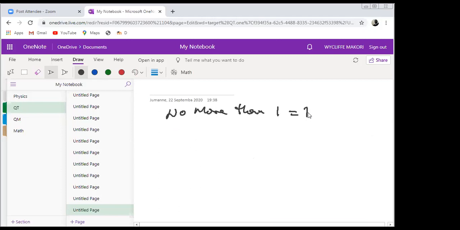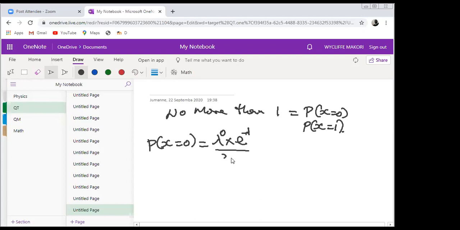is the same as the probability that x is equal to 0 plus the probability that x is equal to 1. The probability of x equal to 0 is given by lambda power 0, because x is 0, times e power negative lambda, over x factorial.